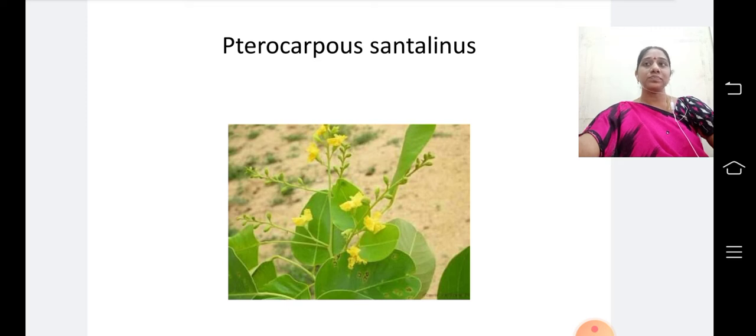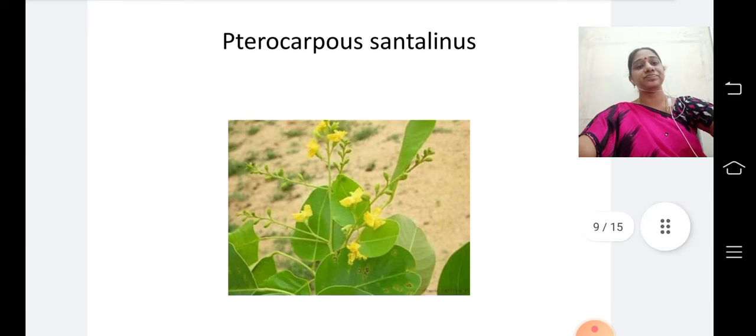You can see it in this picture. Okay, so morphology: the leaves are alternate. Flowers generally arise in April to May. Panicle inflorescence we can see in this flower.